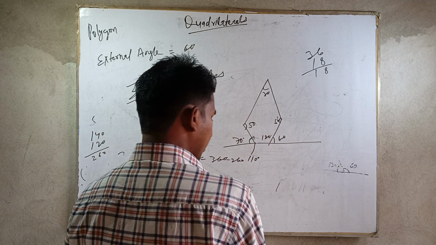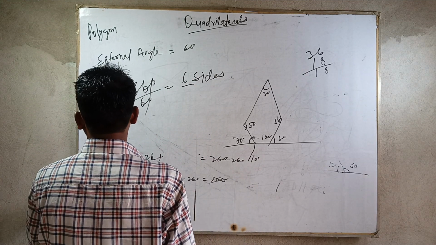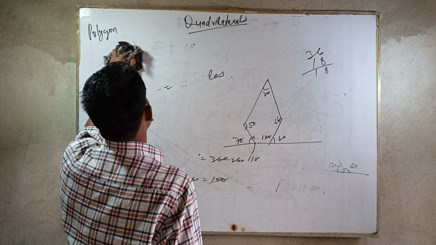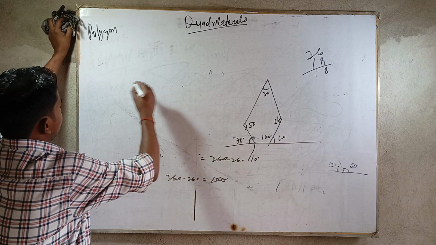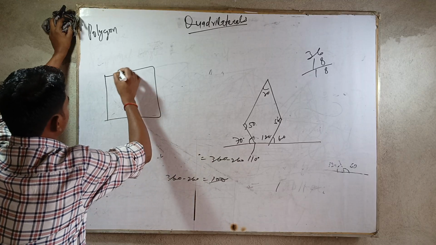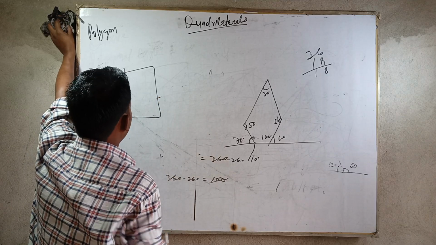So in the figure we will also learn about regular and irregular polygons. I need to explain a little bit about polygons. A regular polygon has equal sides; in figures you would have seen a square. Suppose this one is equal, and this will also be of equal length.